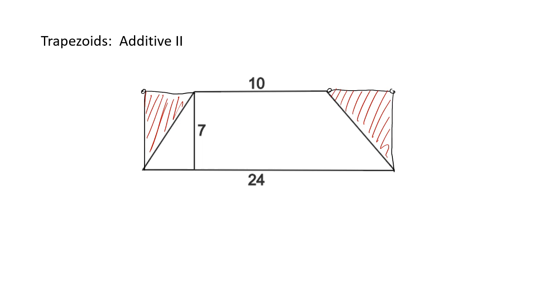So my big rectangle, I know, is 7 by 24. And so I can find the area. The area of the big rectangle is going to be 168. That's what I got. 168 units squared.